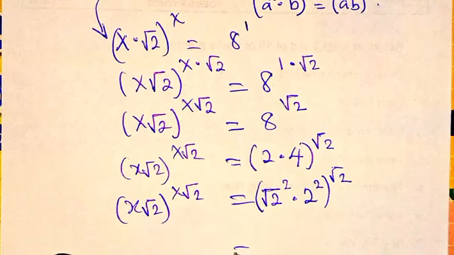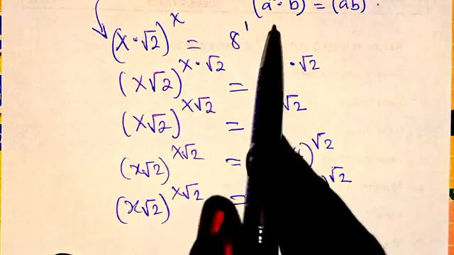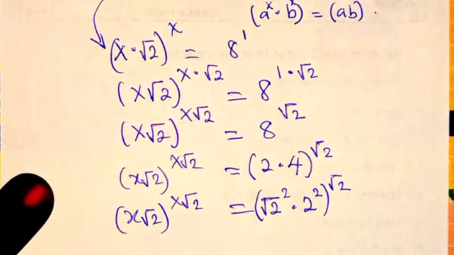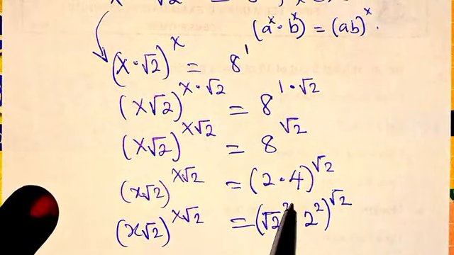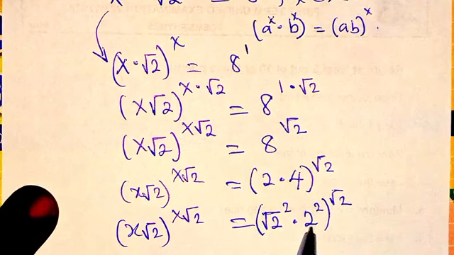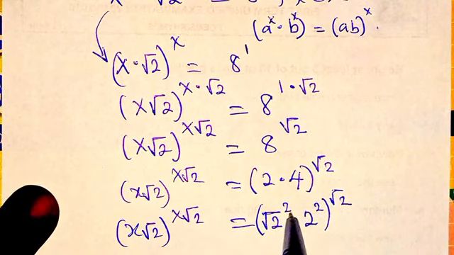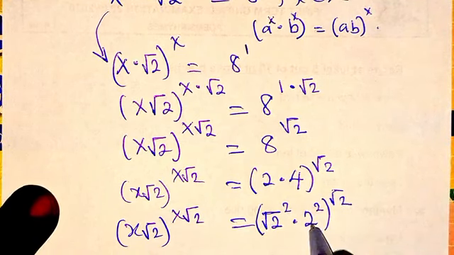Now we can see that we have root 2 squared and 2 squared, which means root 2 and 2 have the same powers, so we can split it as this.